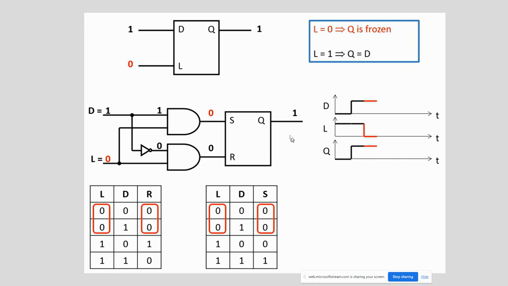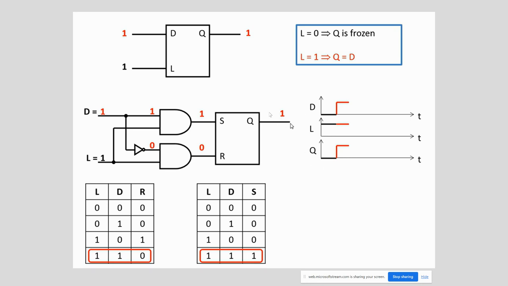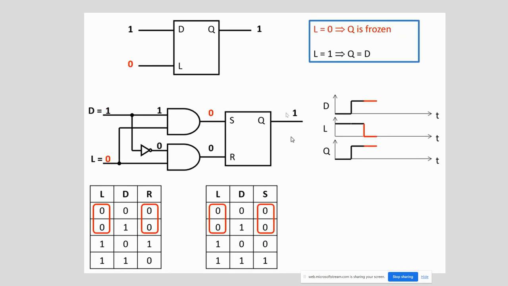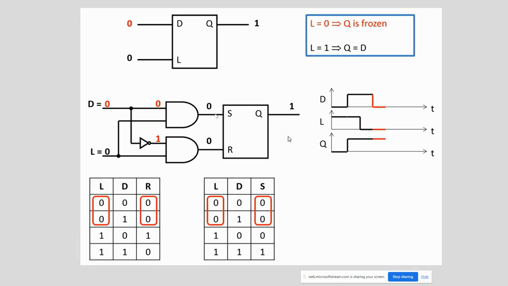Then we go here to the rule, which is if L in the bistable here is low, then Q is frozen. So because previously we had Q as 1, therefore here it stays as 1, due to my input from L being 0.